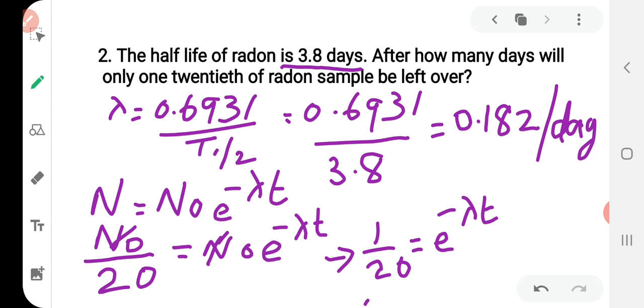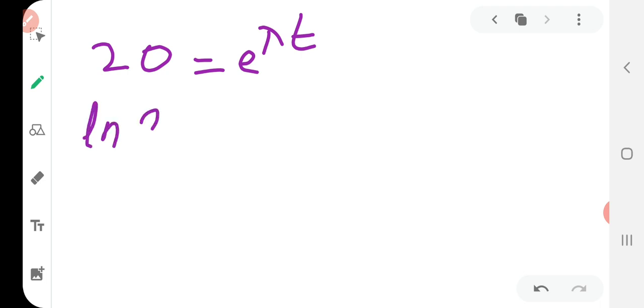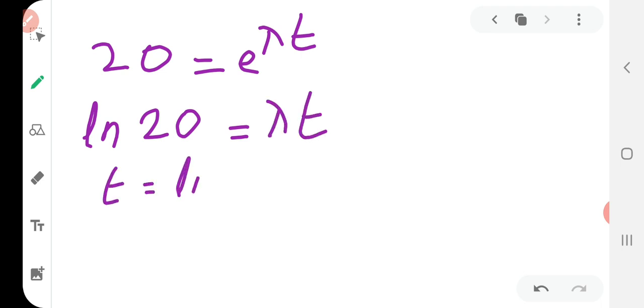So if we are inverting both sides, 20 is equal to e raised to lambda t, and taking logarithm on both sides, remember we are taking log to the base e, that is ln 20 is equal to lambda t. In the calculator you have to press the ln key. So t is equal to ln 20 by lambda.